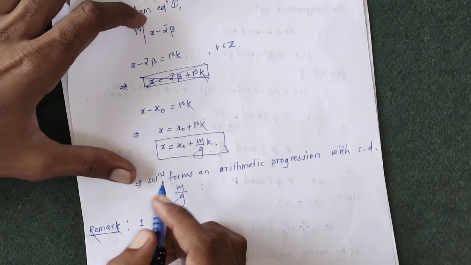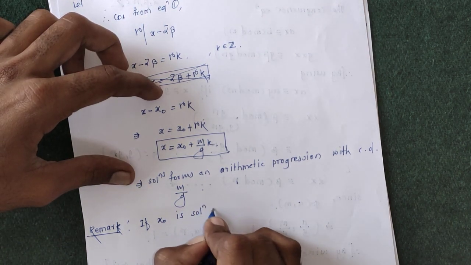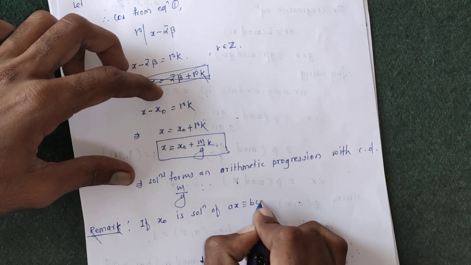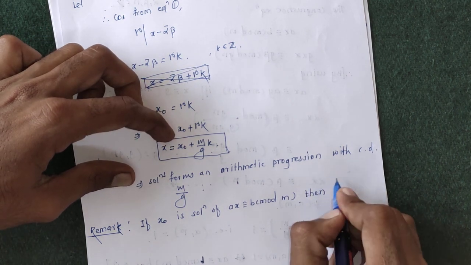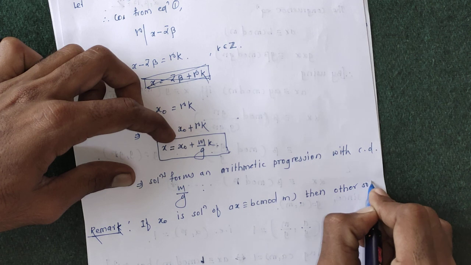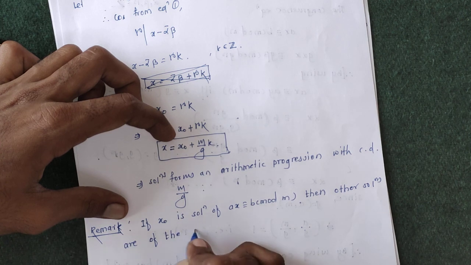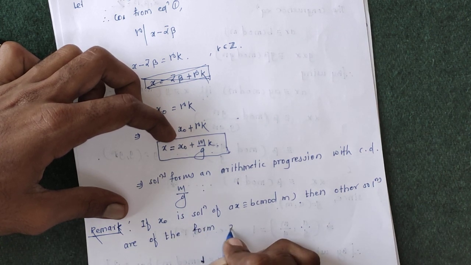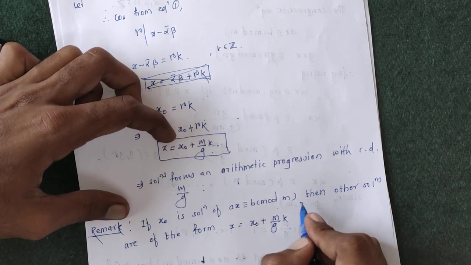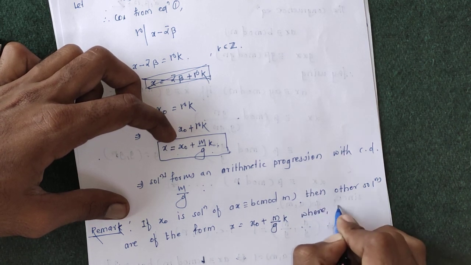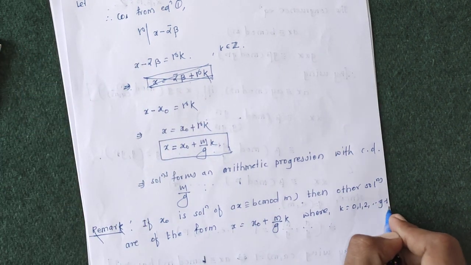Remark: if x naught is a solution of Ax is congruent to B mod m, then the other solutions are of the form x equals x naught plus m by g k, where k runs from 0, 1, 2, up to g minus 1.